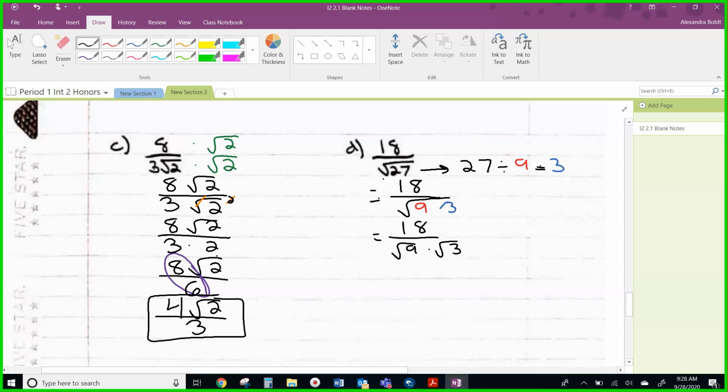As you start getting better, really this is 18 over the square root of 3 squared times square root 3. Again, we chose 9 because it's a perfect square. Which is 18 over 3 square root 3.